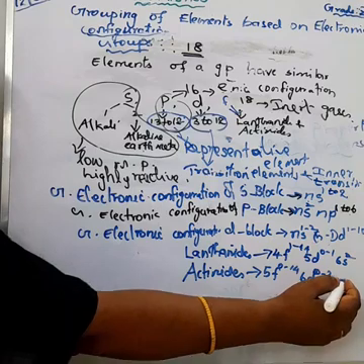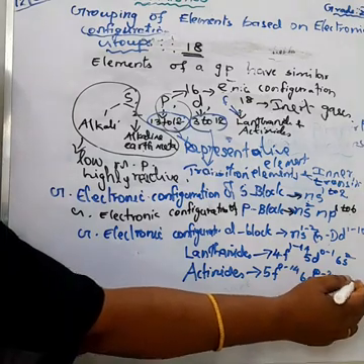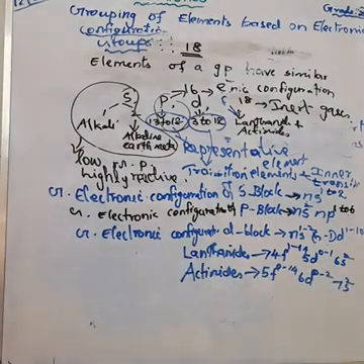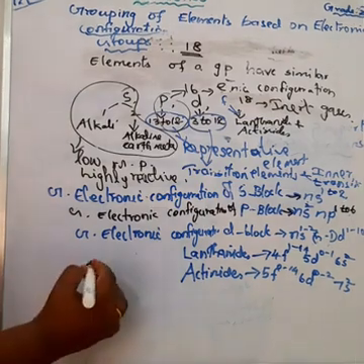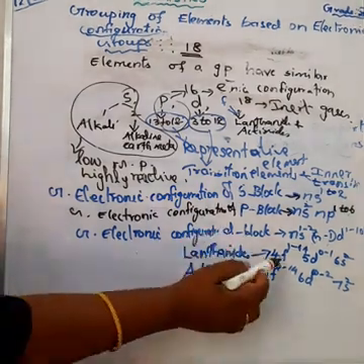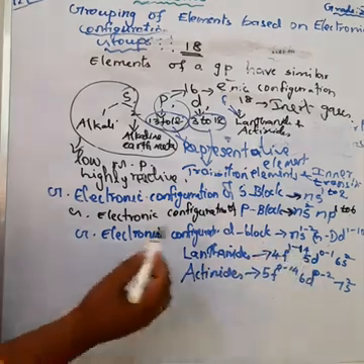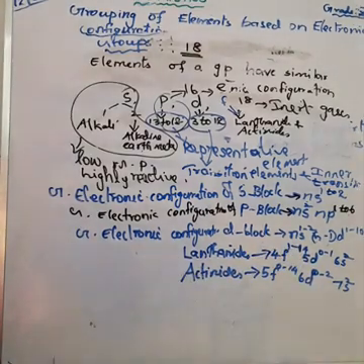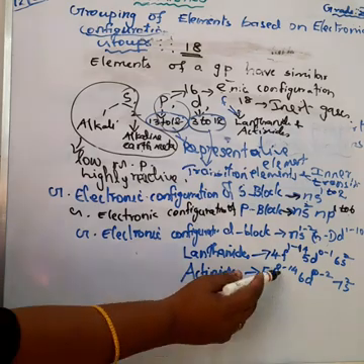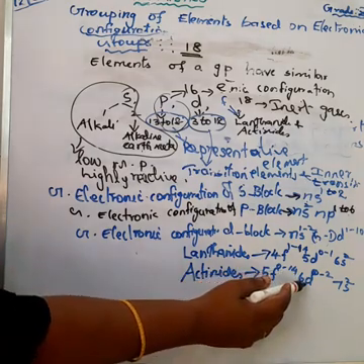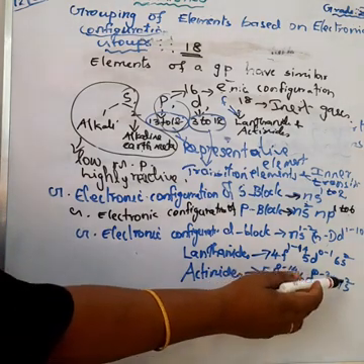This is the general outer electronic configuration for the actinides. Very, very important. The general outer electronic configuration for the lanthanides is 4f1 to 14, 5d0 to 1 and 6s2. The general outer electronic configuration for the actinides is 5f0 to 14, 6d0 to 2 and 7s2.